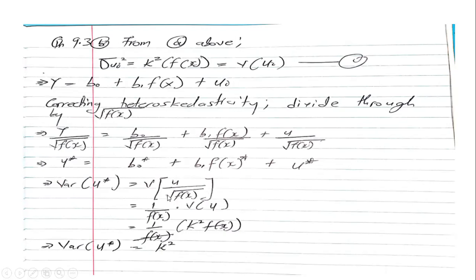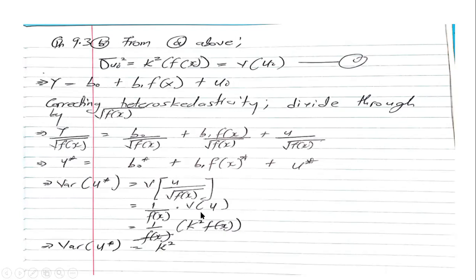Now when I find the variance, you see the variance of everything here will be 1 over fx, because it is 1 squared over the square root of fx all squared, and the square will do away with the square root here. So I'll end up getting this times the variance of u here.